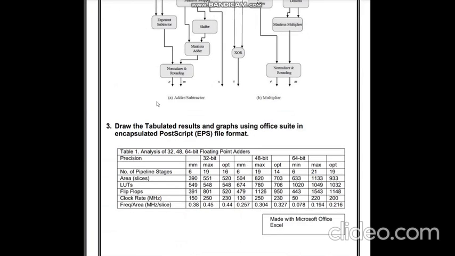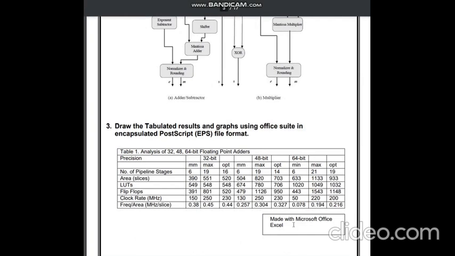Next: draw the tabulated results and graphs using an Office Suite in EPS file format. This table was made with Microsoft Excel. Table one shows the analysis of 32, 48, and 64-bit floating point adders.